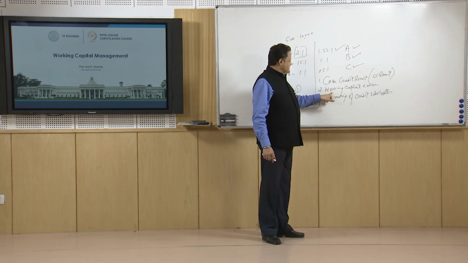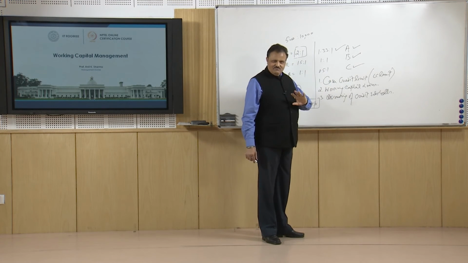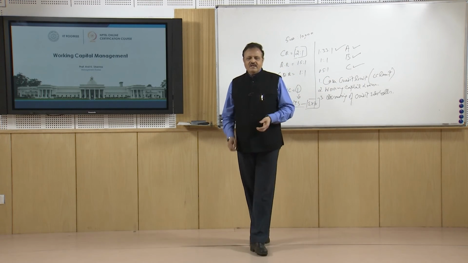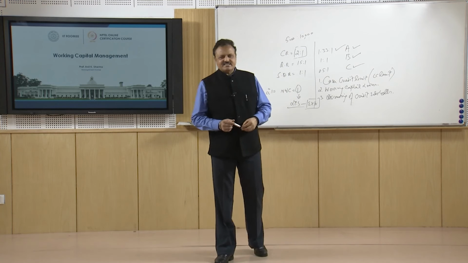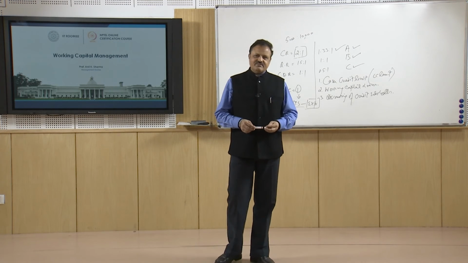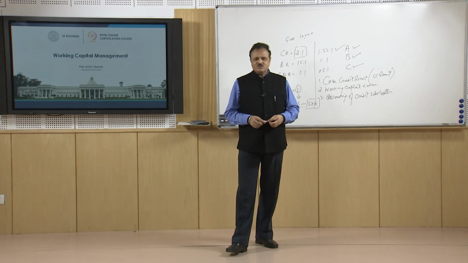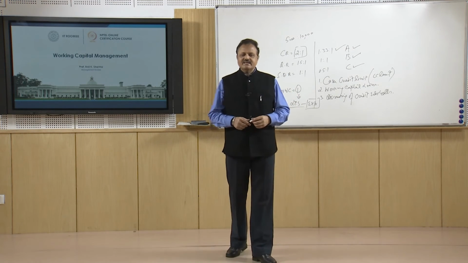The first is the most preferred by the firms. Banks want this, and in between they arrive at some common figure, and these days what is happening is that partly the bank provides the CC limit, partly the working capital loan, and partly the bill discounting facility to the firms who need working capital finance.